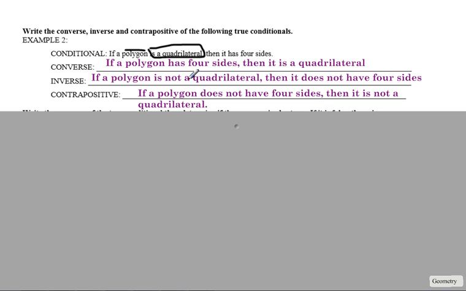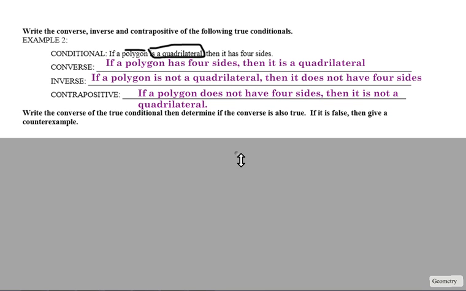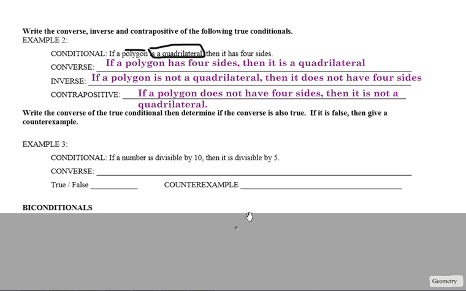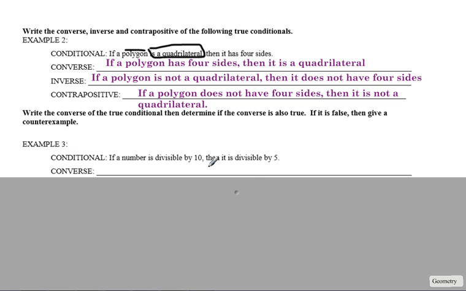Okay? So when you're identifying your hypothesis and how to flip it or negate it, it's not the polygon that gives it a P. It's the quadrilateral. Anything to do with being a quadrilateral is your P. Okay, so if you had these answers, go ahead and work on this next example right here.